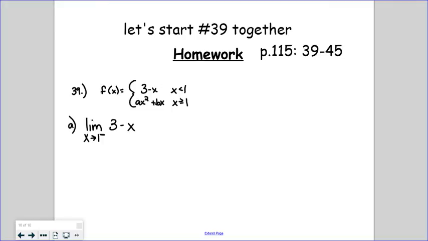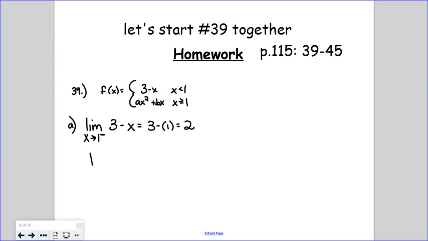We're just taking the limit of the function. Well, remember our rules. If I'm taking the limit of this function, can I do direct substitution here? If I sub it in, we don't have any issue, right? So I can sub it in here. The limit from the left is 2, which means we need the limit from the right to also be 2.